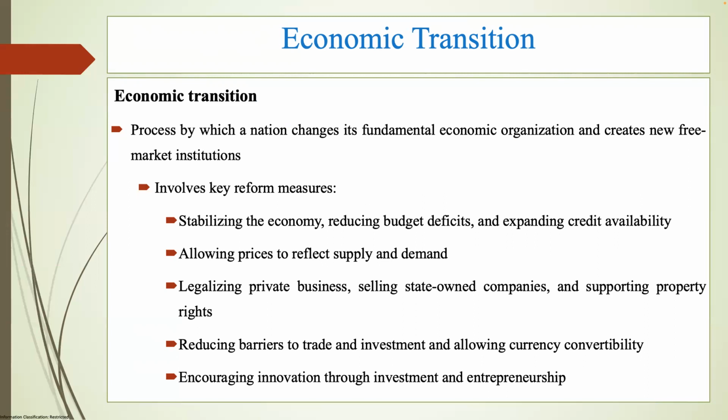What are those key reforms? Stabilizing the economy, reducing budget deficits, and expanding credit availability; allowing prices to reflect supply and demand; legalizing private business, selling state-owned companies, and supporting property rights; reducing barriers to trade and investment, and allowing currency convertibility; encouraging innovation through investment and entrepreneurship.